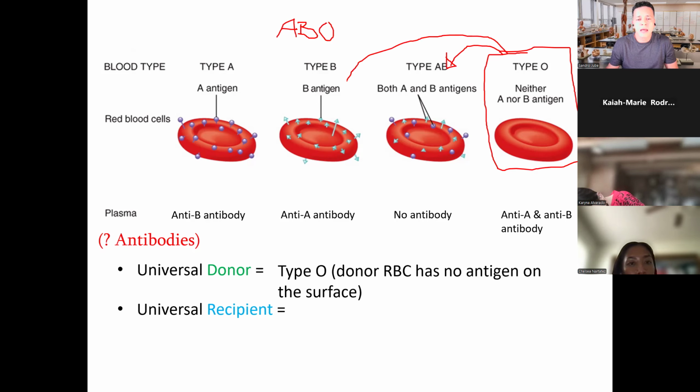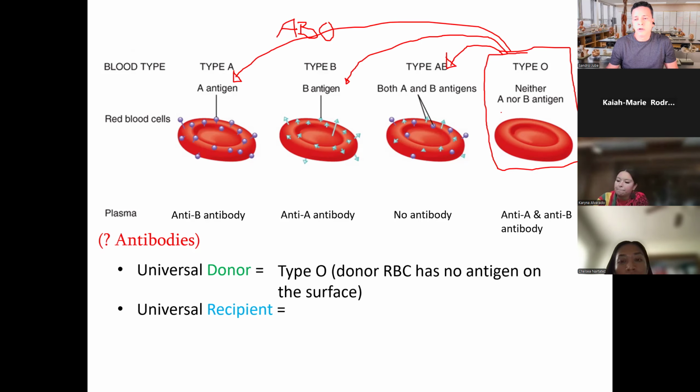It does not matter what antibody you have in your plasma. Because if there are no antigens for the antibody to bind, the red blood cells are going to be left alone. They're not going to be destroyed. Okay? Now, specifically, O negative is what we consider a universal donor. It can literally donate blood to anybody.